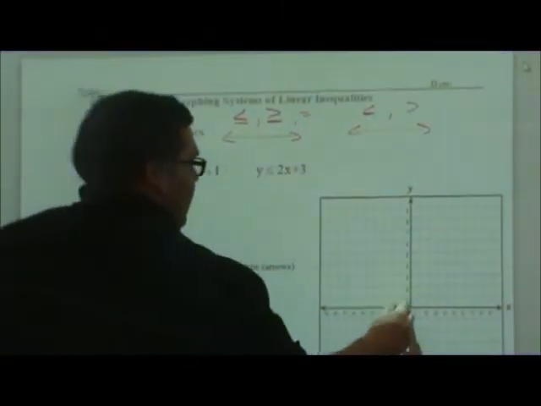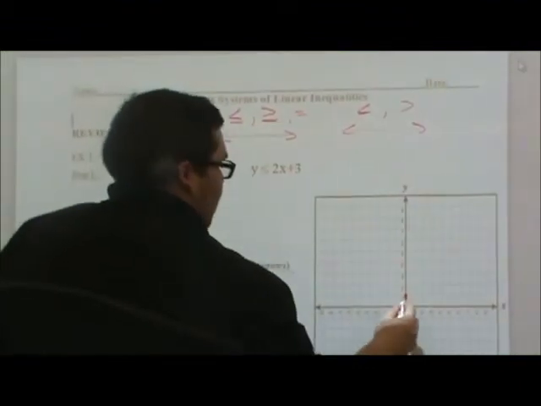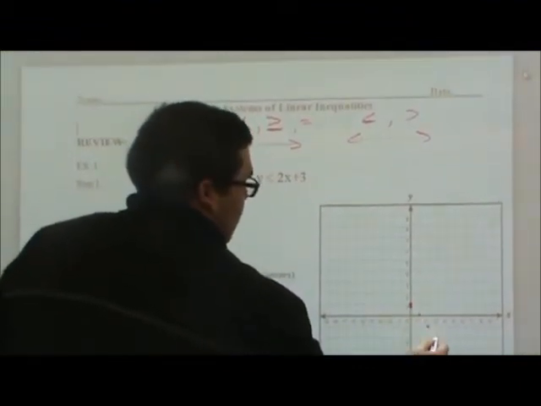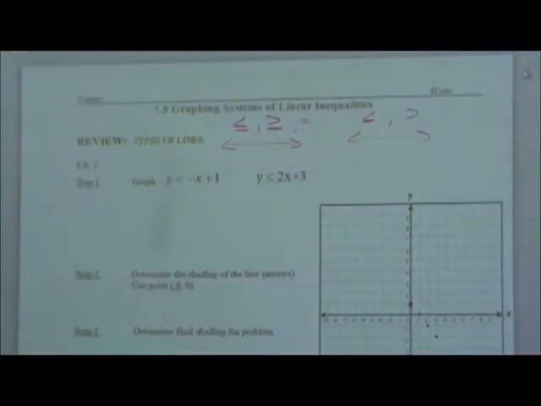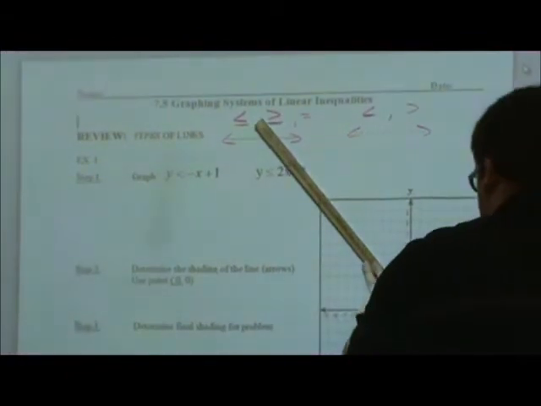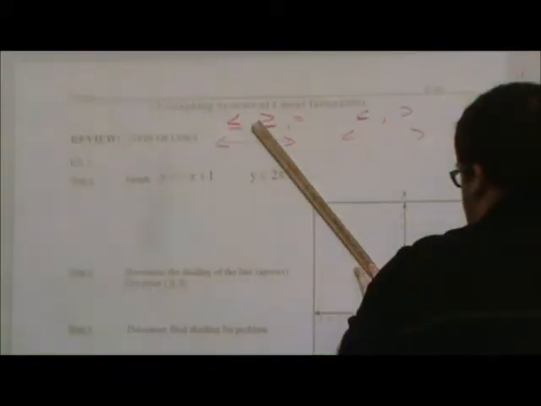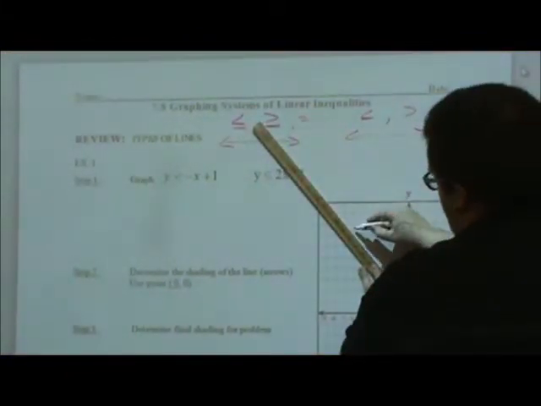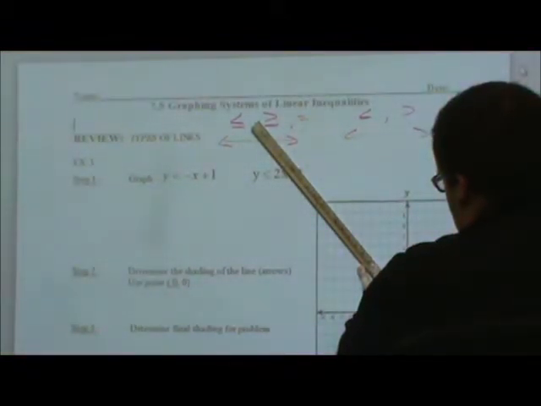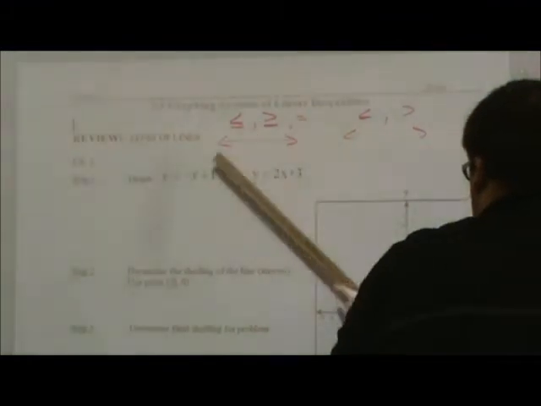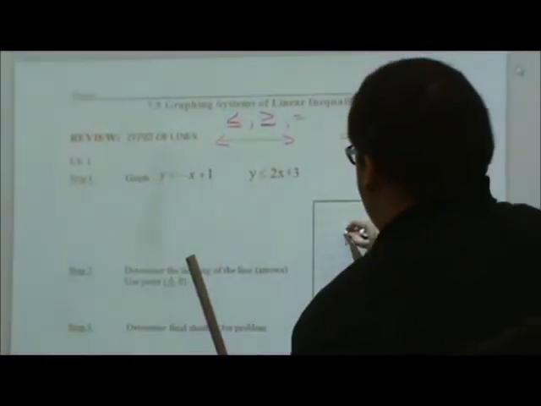Start at positive 1, and the slope's down 1 over 1. Got enough points, I'm going to grab my ruler, use a ruler, and it's going to be a dashed line because of the less than.